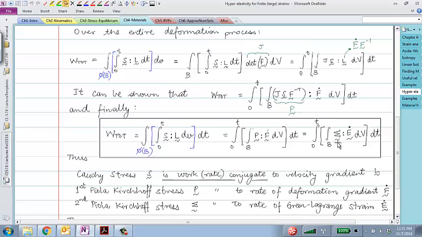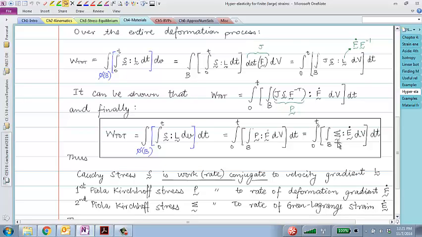So essentially, if you look at this term, this was the term that we had even for small deformations; if deformations are small, this L just boils down to epsilon dot. That was the term when we were talking about small deformations. Cauchy stress is work conjugate, because this is essentially energy.